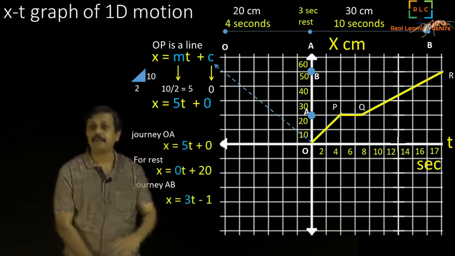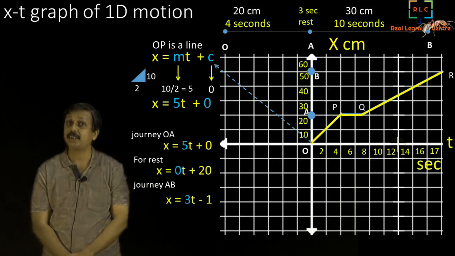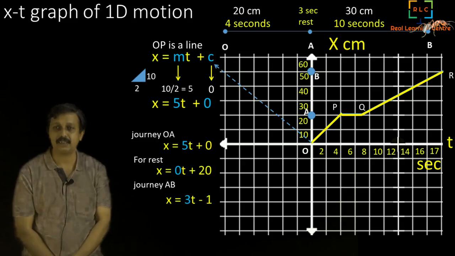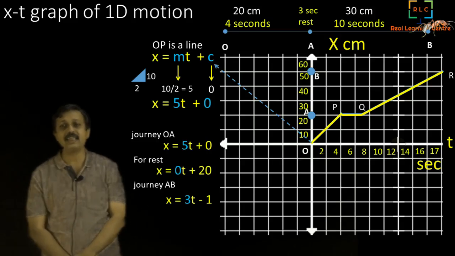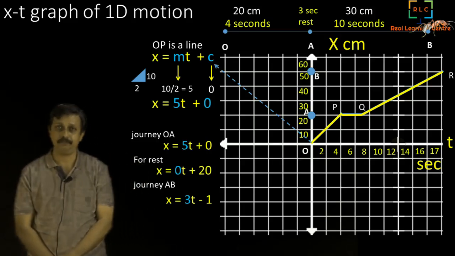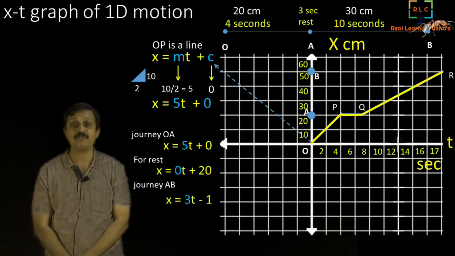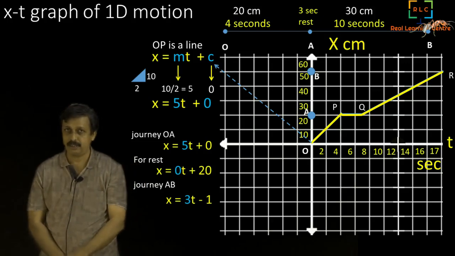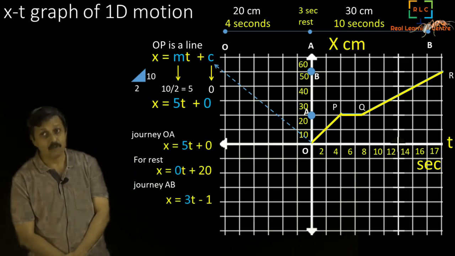The line QR has a slope of 3 and a y-intercept of 1. So please figure that out. These are the three equations we have got, and they are going to be useful. Going forward, I will explain how they are useful.